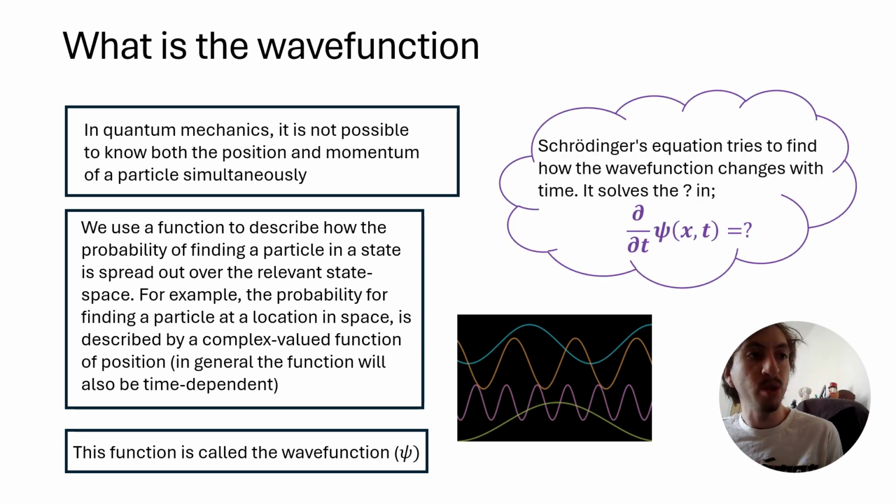And Schrödinger's equation is concerned with how such a wave function will evolve. So it's concerned with the rate at which a wave function is changing. So this is very important because we want to know, for example, things like what wave functions describe particles which can be in a state and that state remains stable.